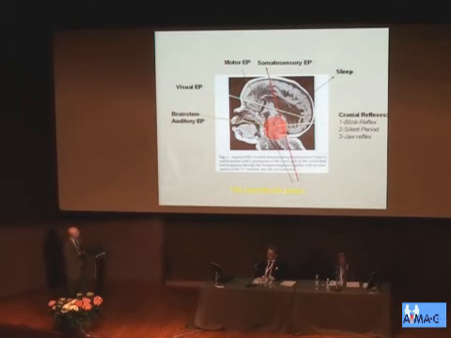One example is SEPs, somatosensory evoked potentials, which can be used to study the spinal pathway. Motor evoked potentials are the descending motor pathway, and by the way, MEPs have never been used in this issue.